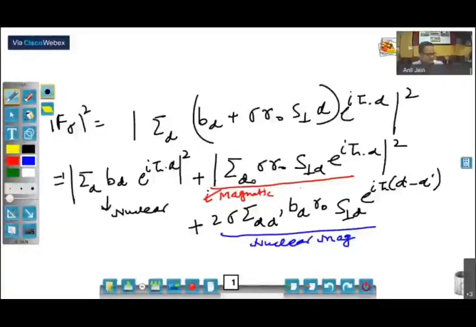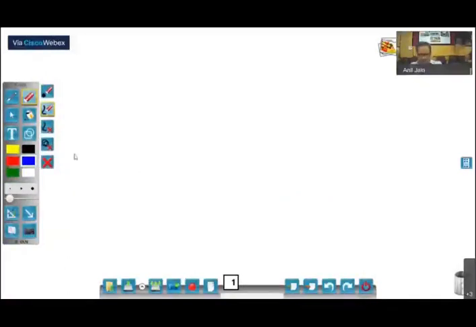Now one can use ferromagnets for a special case. Suppose for some material, the nuclear scattering length and the magnetic scattering length become equal.